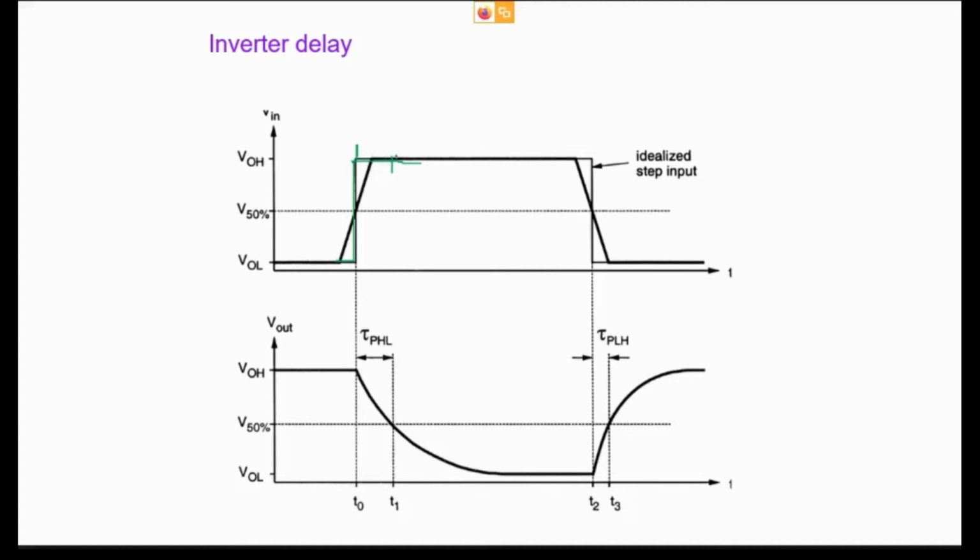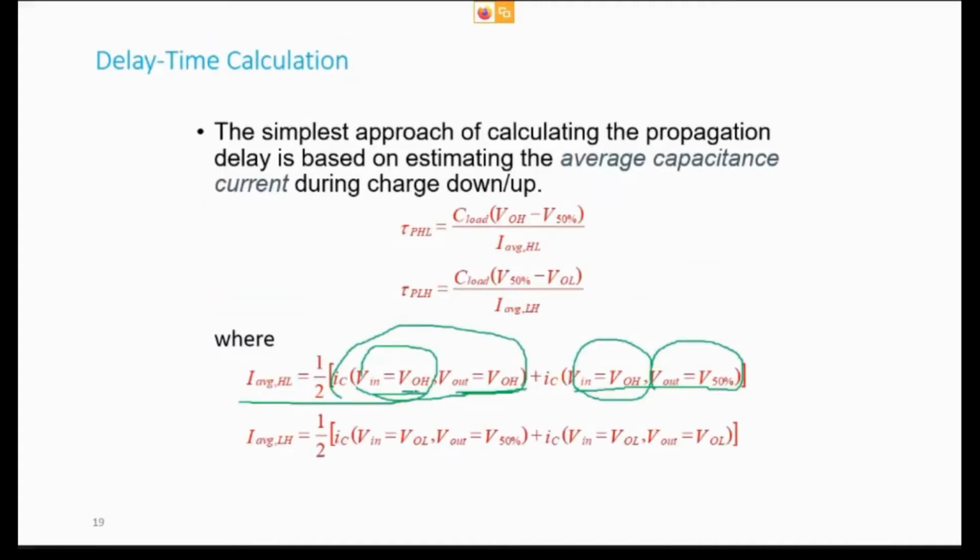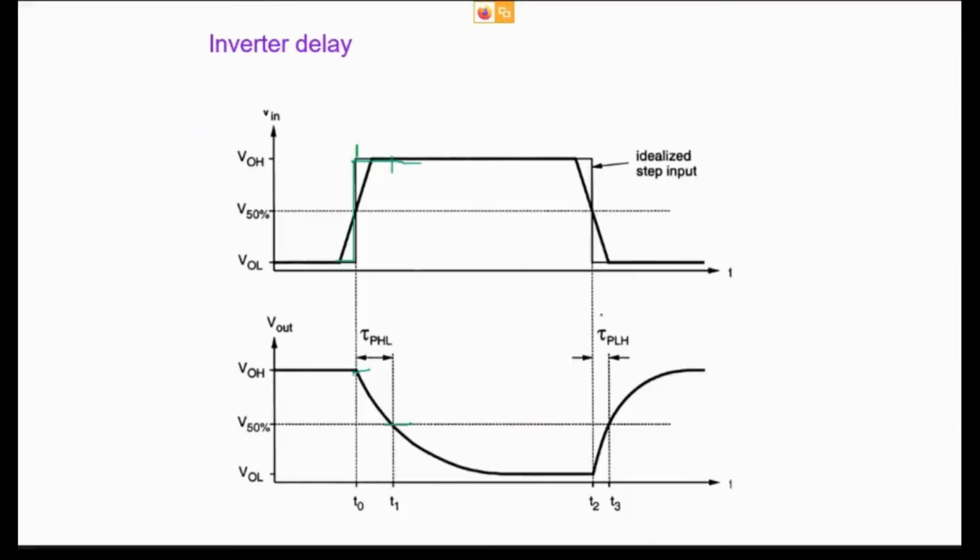So at these two points your input is the same, that is VOH, while your output falls from VOH to V50%. Similarly, when you look at low to high transition, your input is VOL. Here you can see your input is VOL and your output is at this value, and later on when your input is VOL, your output is V50%.